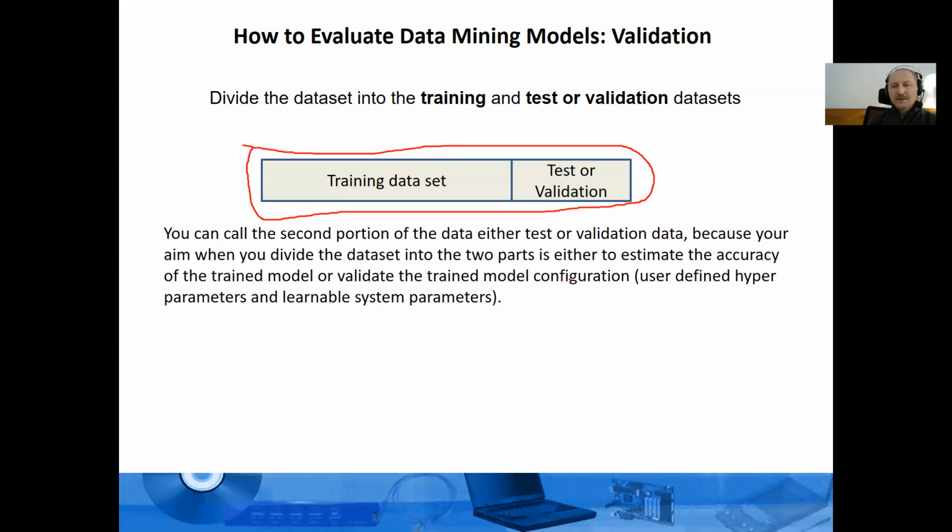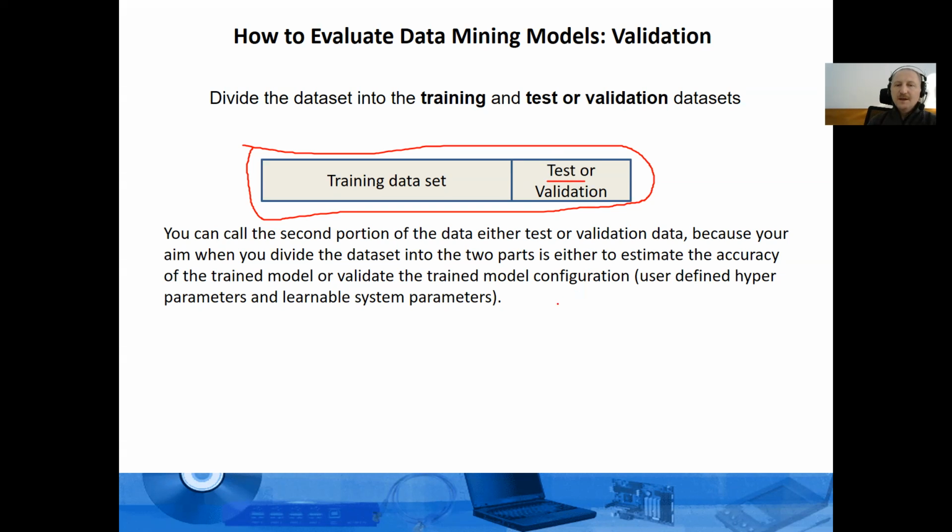For example, with an Iris flower expert system, if you make one prediction of which type of flower this is, you want to know if the prediction is 90% correct or 95% correct. You want to measure or estimate the accuracy of your model. That's why you can call it the test dataset.